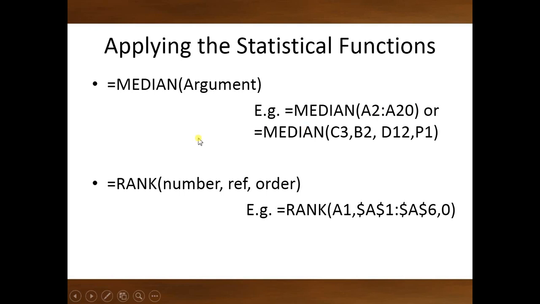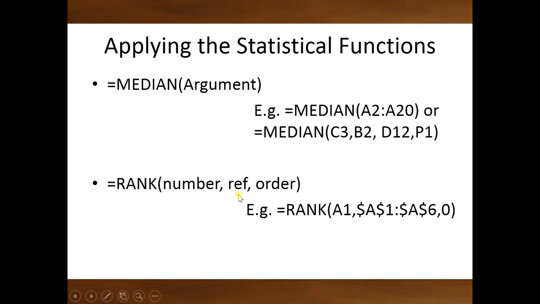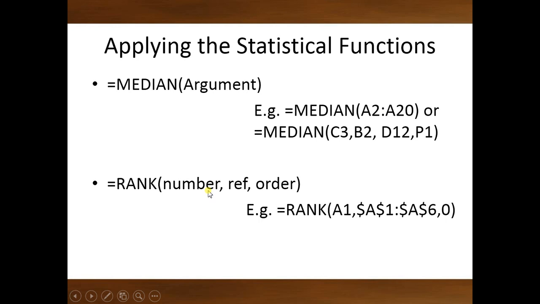However, for the rank, the format changes a bit. Of course, this is also the argument, but there are more parts of the argument. So we have equals rank into bracket the number which you want to find its rank, followed by the reference. And here the reference would be the other numbers, including this number itself, for which you are trying to find this number's position.